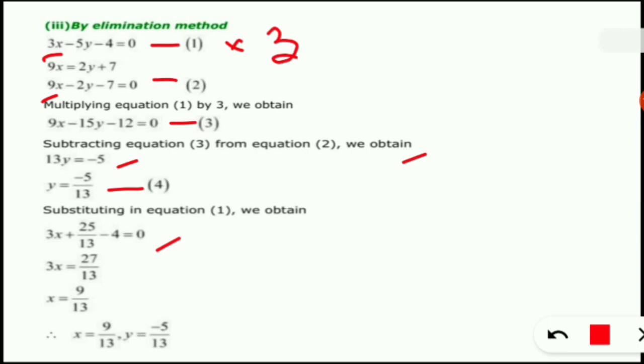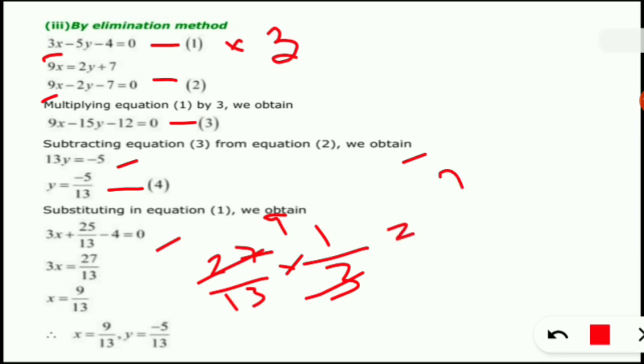So 3x equals 27 divided by 13. So x equals 27 divided by 13 into 1 by 3, that is 9 divided by 13. So x equals 9 by 13 and y equals minus 5 by 13.